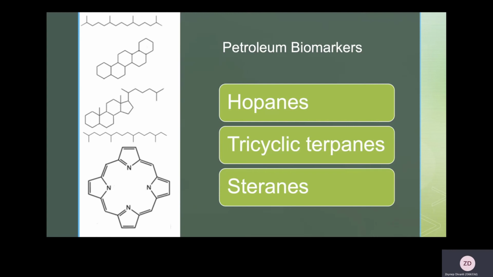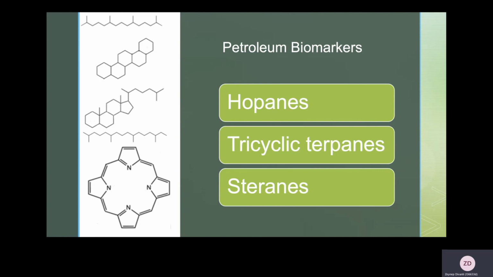So here are three of the petroleum biomarkers that I have found. There's hopanes, and they are molecular fossils of bacterial lipids that adjust membrane permeability and fluidity. And they're mostly very old and not a lot around.